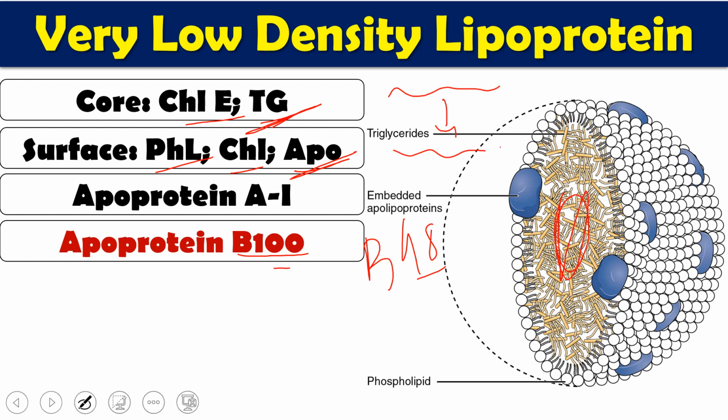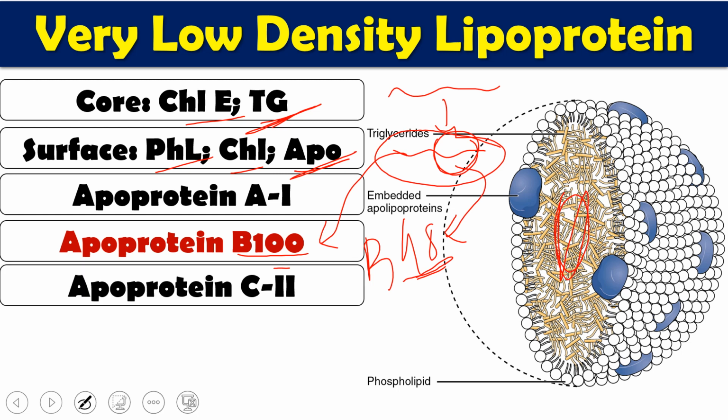If the whole protein, 100%, is present in the apoprotein, it is called B100. If it constitutes only 48%, it is called B48. So in chylomicron it is 48% of the B protein, whereas in VLDL, LDL or IDL it is 100%, so it is B100.